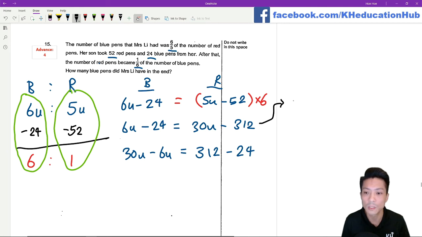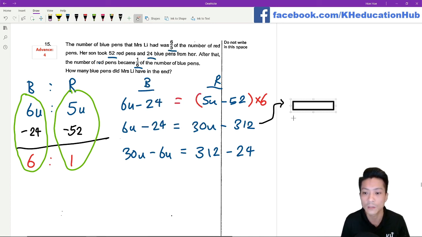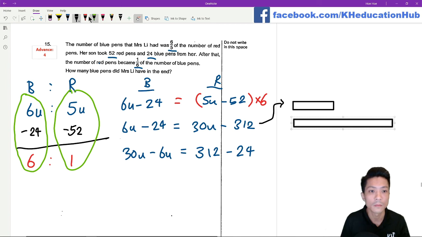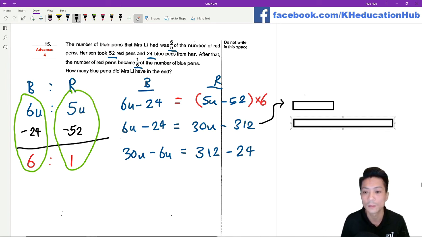Let me draw it smaller. I'm going to draw 6 units first, and I'm going to draw another 30 units. This is 6 units. This is 30 units.